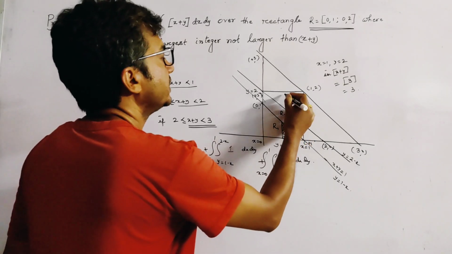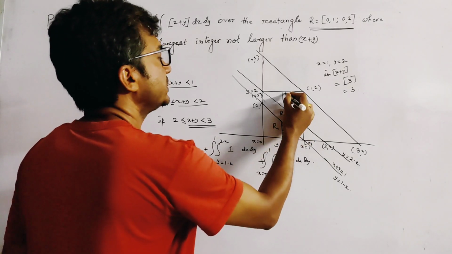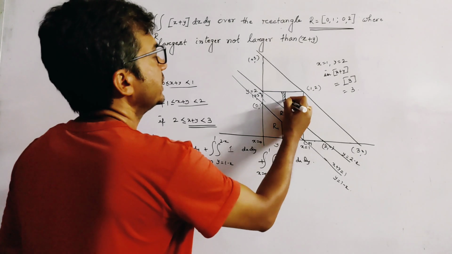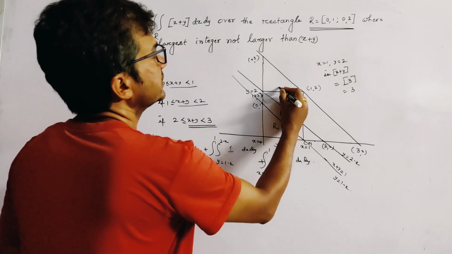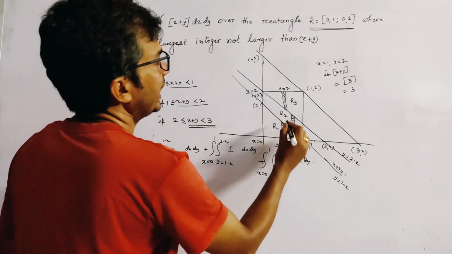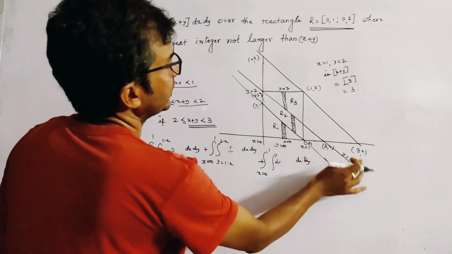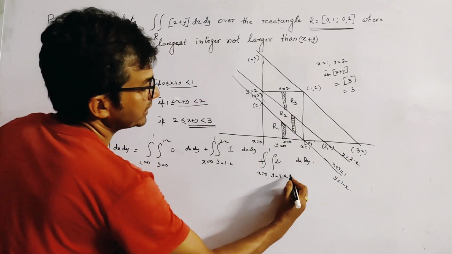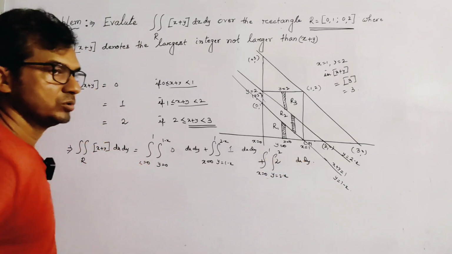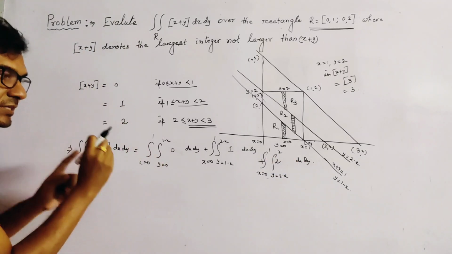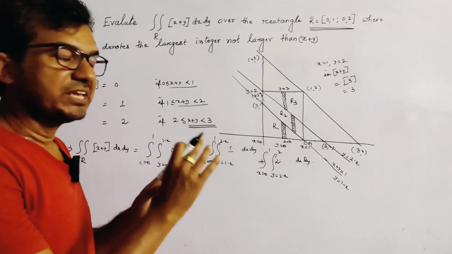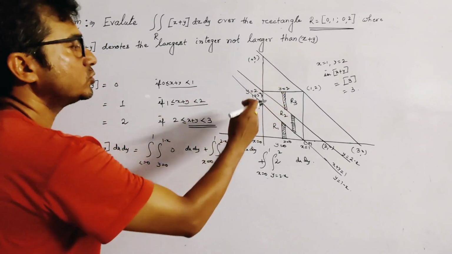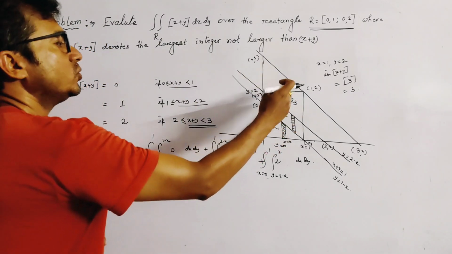In the third, the strip parallel to the y-axis ends at y equal to 2, and begins at y equal to 2 minus x. So the range is 2 minus x to 2. Okay, clear? These are the ranges of the three integrations.